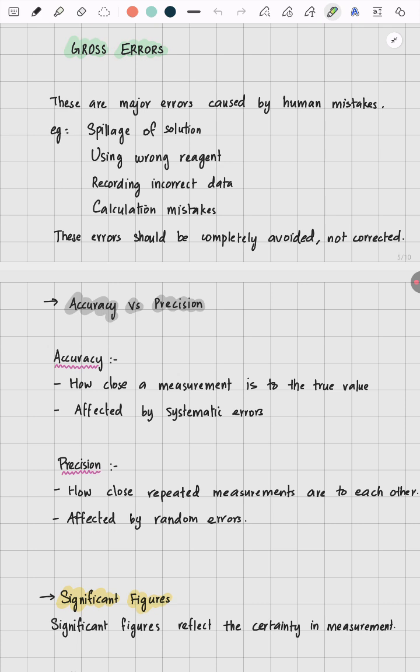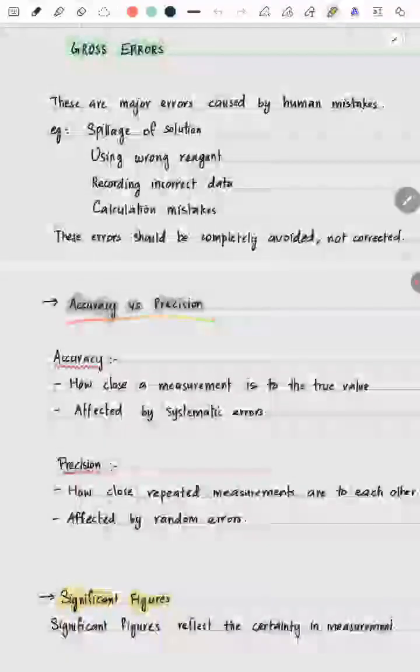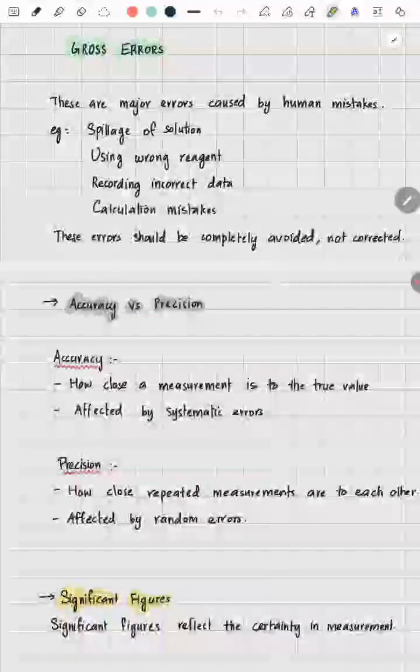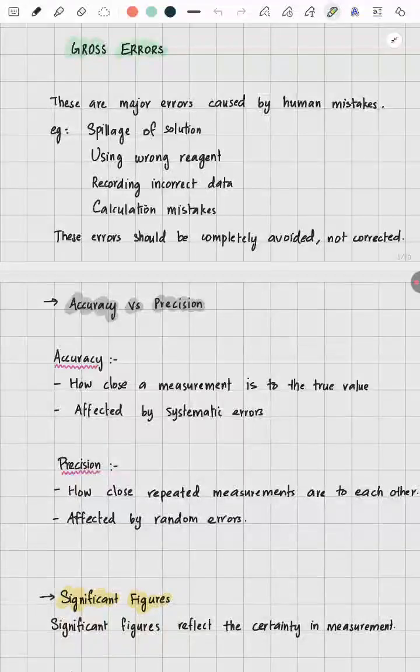Now, let us understand two very important concepts related to errors, which are accuracy and precision. Accuracy refers to how close a measured value is to the true value. If your results are very close to the accepted value, it is said to be accurate. Precision, on the other hand, refers to how close repeated measurements are to each other.